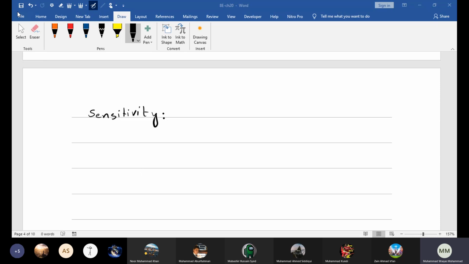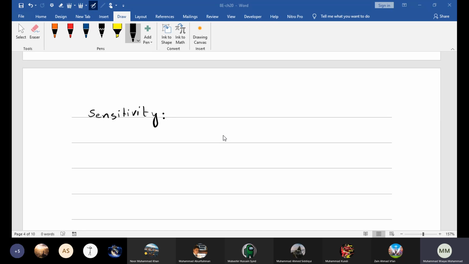So beta, if we're talking about a liquid in glass thermometer, sensitivity simply means how much the length of the liquid column increases, or how much the length of the mercury column increases, for 1 unit rise in temperature.